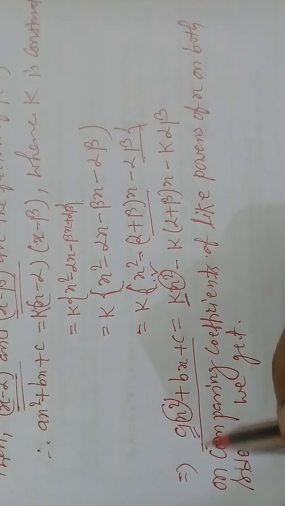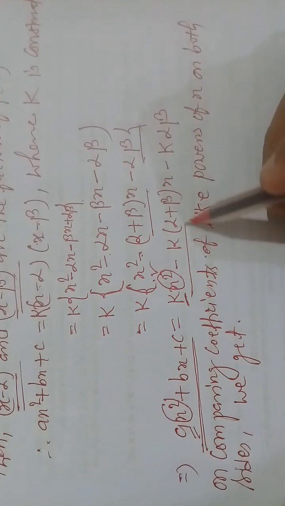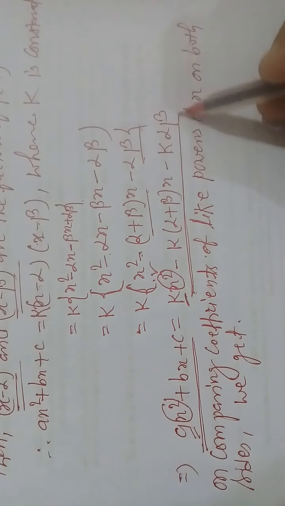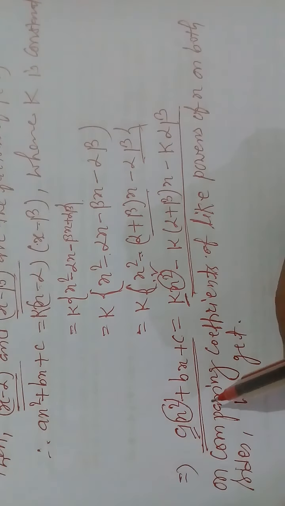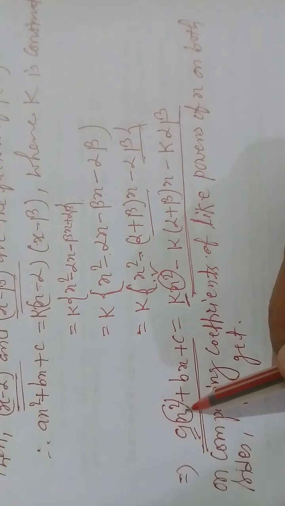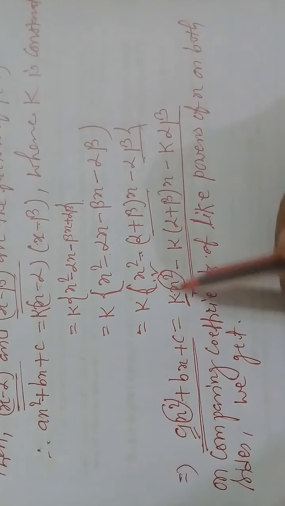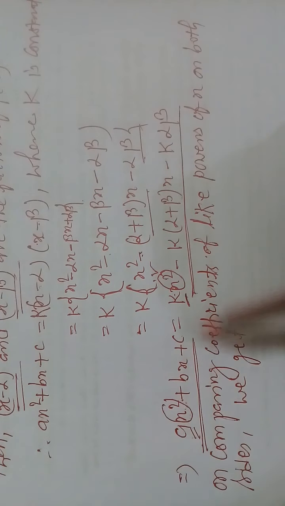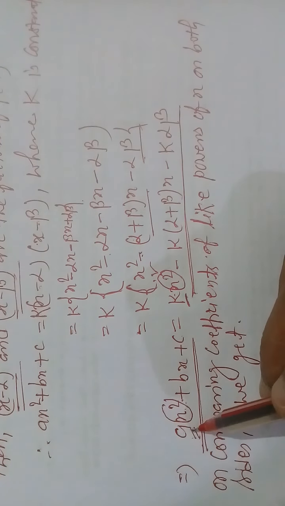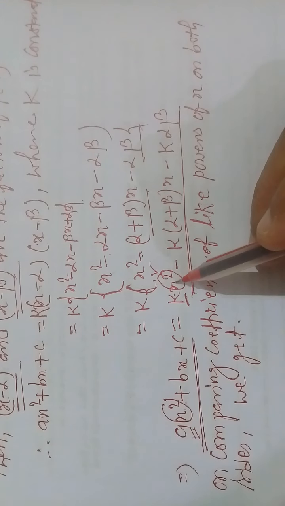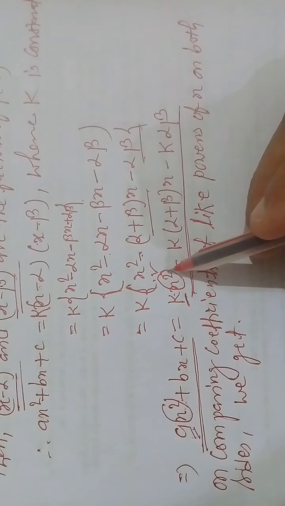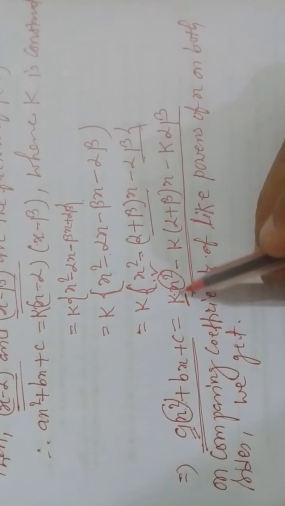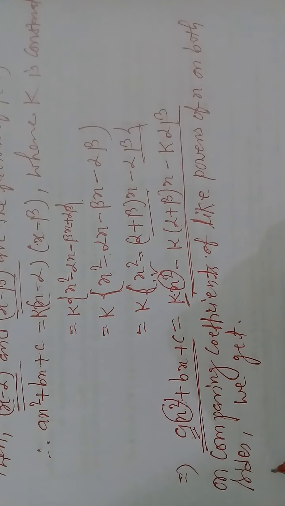Whole LHS is equal to whole RHS. It is possible when like powers of x have equal coefficients. It means the x square coefficient is a, and on the right side it is k. This shows that a is equal to k.